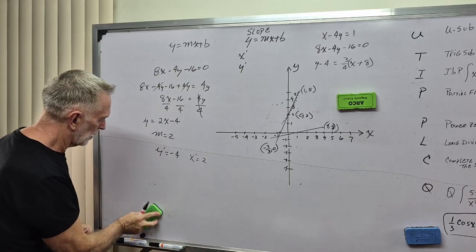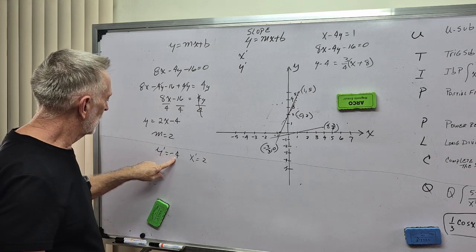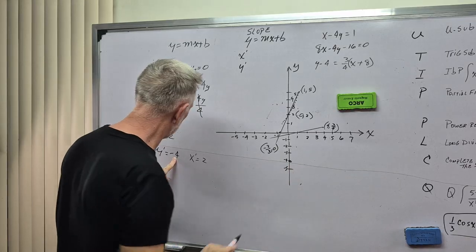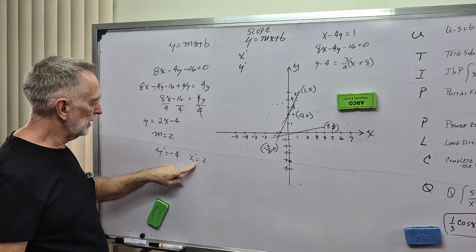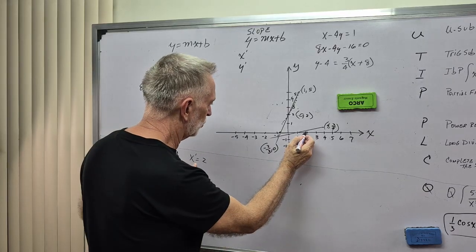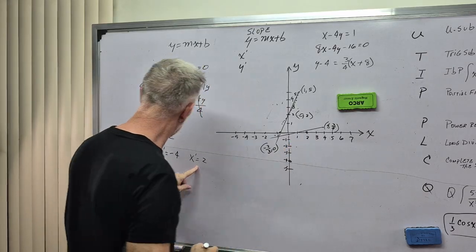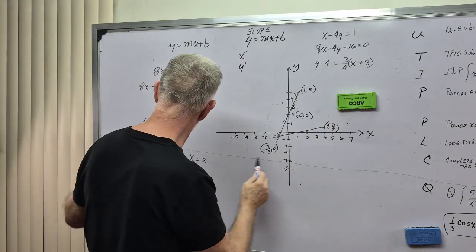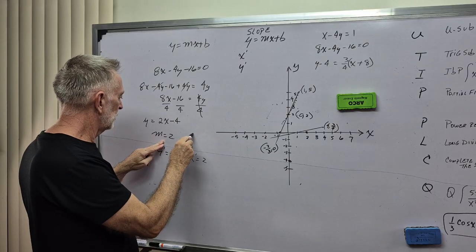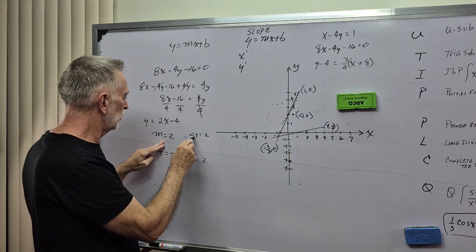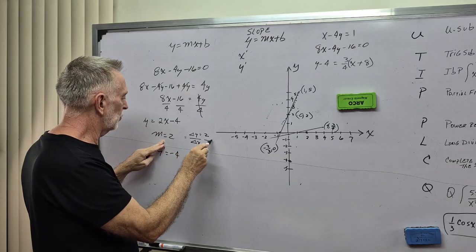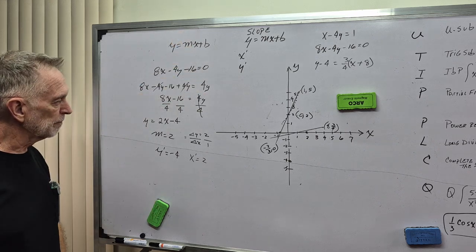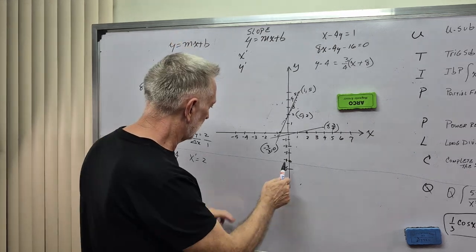Okay, what would that look like? I intercept the y-axis at negative 4, so here I am. I intercept the x-axis at a value of 2. So slope is 2, so that means change in y equals 2, change in x equals 1. I mean, there's an imaginary 1 under all these numbers, right? Let's think about that.